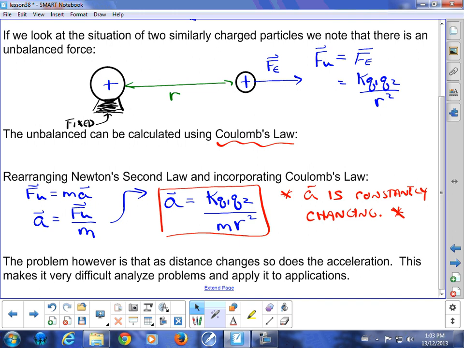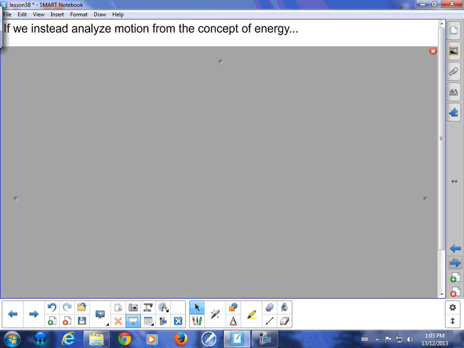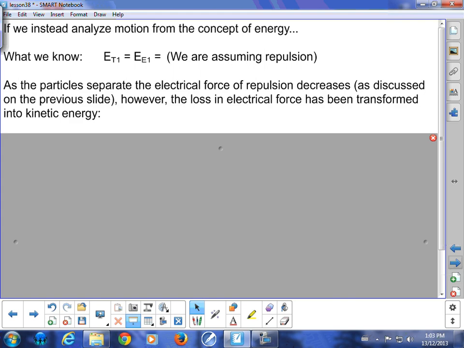So we're going to have to take a bit of a twist on this, and that's where things get a little bit more exciting. Instead, if we forget about force for a second, we take a look at energy. We're going to go back to our conservation of energy. So what do we know?